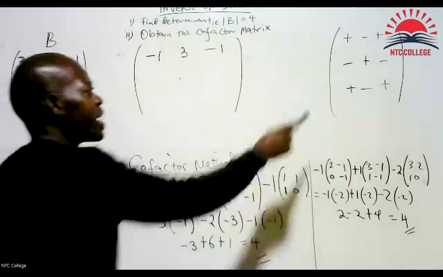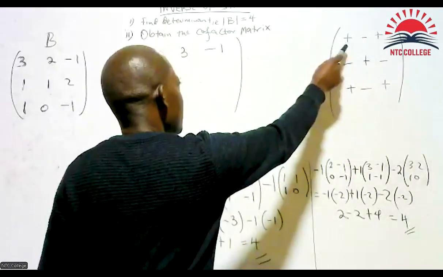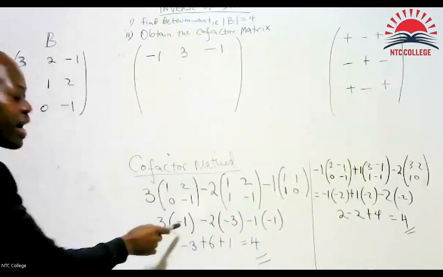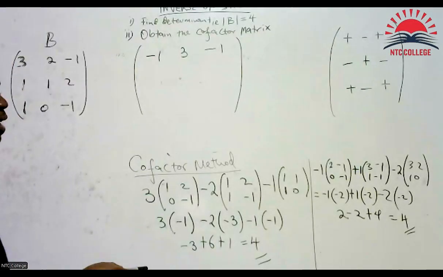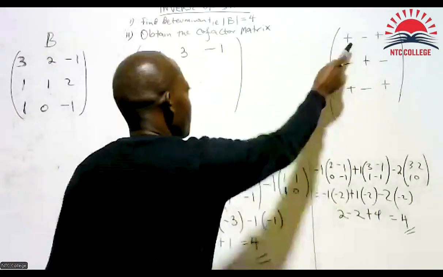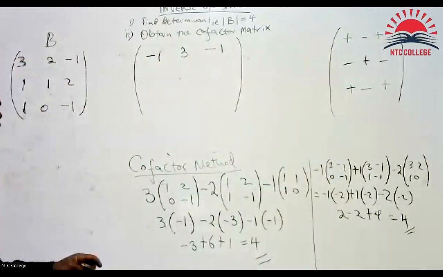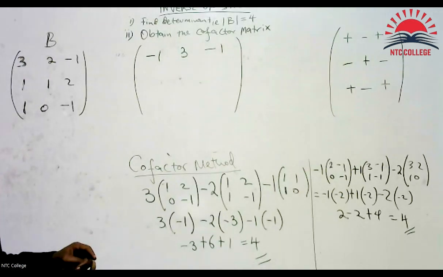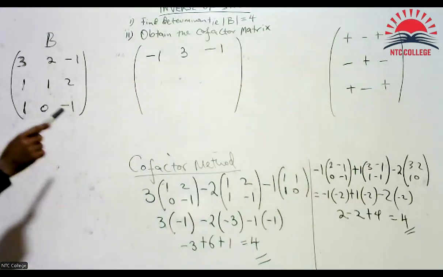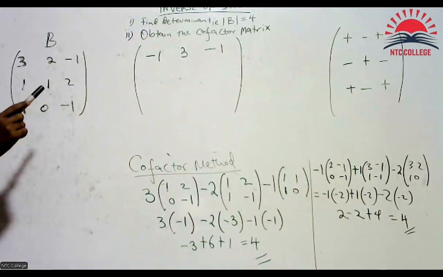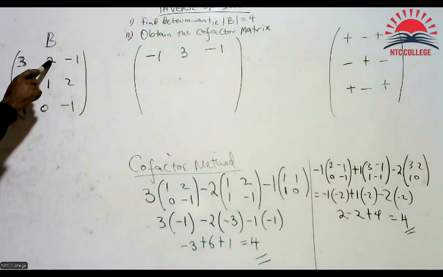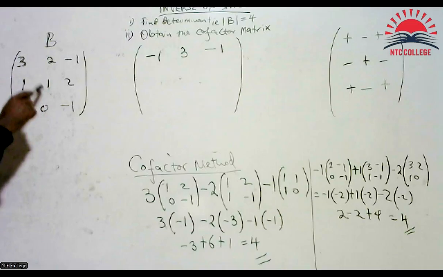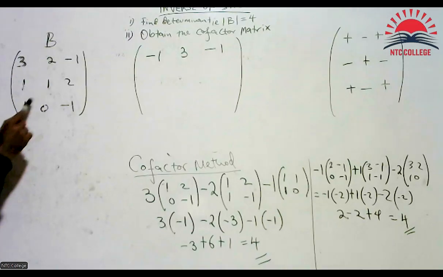In as much as the sign says plus, I explained a positive cannot change a negative result. So when you have a negative result, it remains negative, even if it is supposed to be positive. But a negative will always change a positive result. Now let me go to the second element, how I obtained it. I'm now at 2. If you ignore the column and the row, you are left with 1, 2, 1, -1.